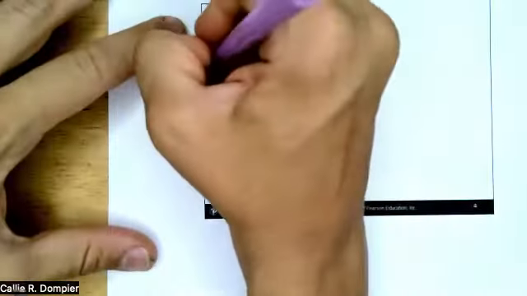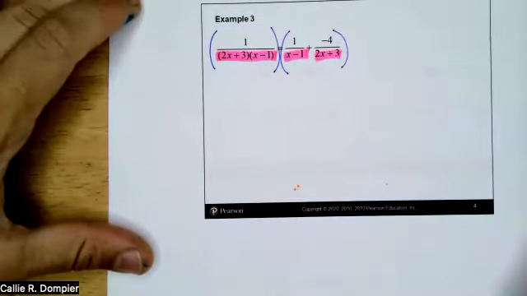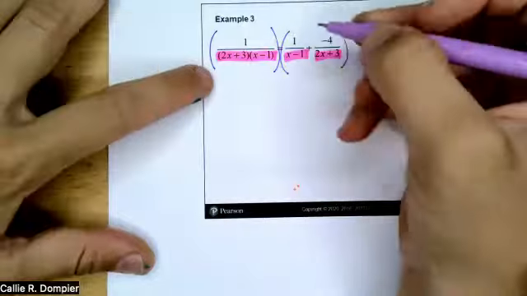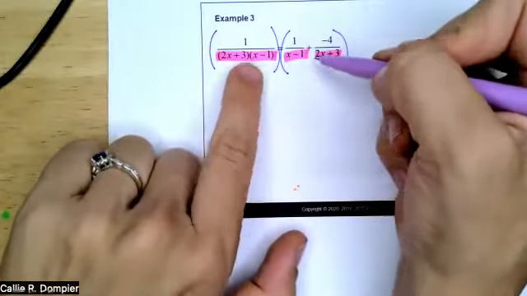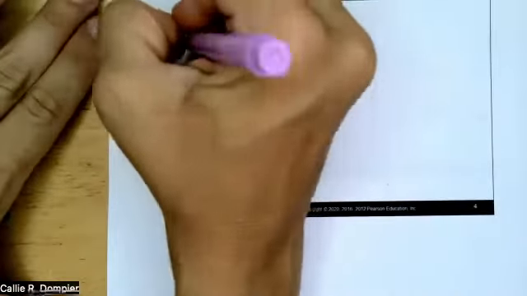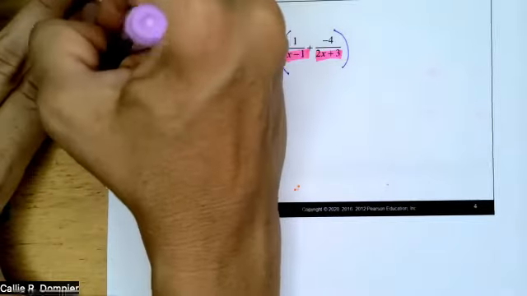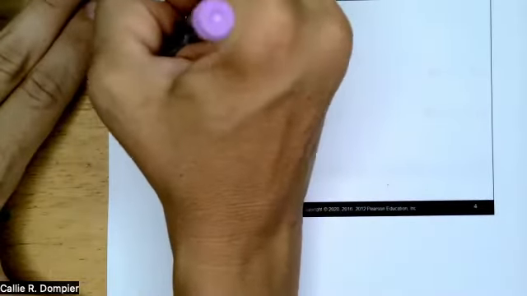What if I multiply it all by 2x plus 3 times x minus 1? Well, it includes that one, and it includes that one. So I think I can multiply everything by 2x plus 3 times x minus 1.